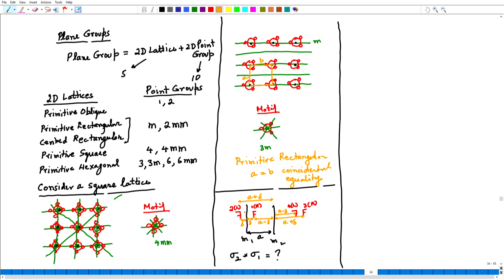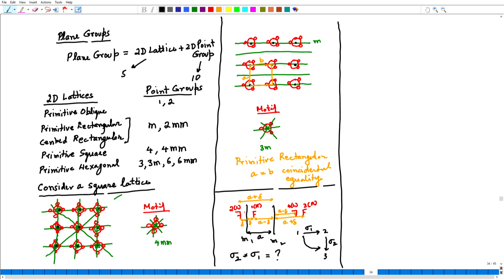I went from motif 1 to motif 2 through a reflection operation sigma 1, and from motif 2 to motif 3 through a reflection operation sigma 2. Now, I want to go from 1 to 3. How can I do that?